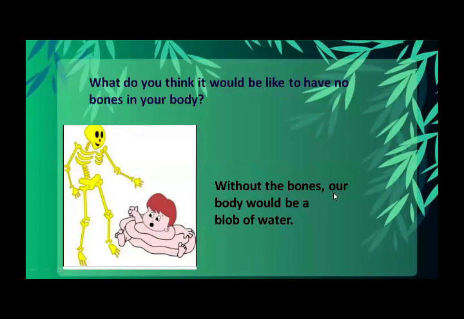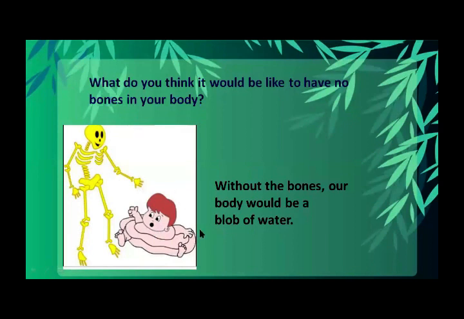Without the bones, our body would be a blob of water. Blob means a thick liquid, a thick liquid like honey. Not like water, but a blob means a thick liquid like honey. Our body would be like a blob if we don't have the bones. That means if we don't have the skeleton, we cannot even stand, we cannot even sit.